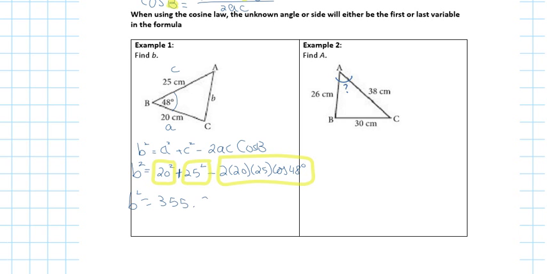Now to find B, what do we do? Square root. To find B, you're going to have to square root, and then what would be your answer? So 18.9. And the unit is centimeter.